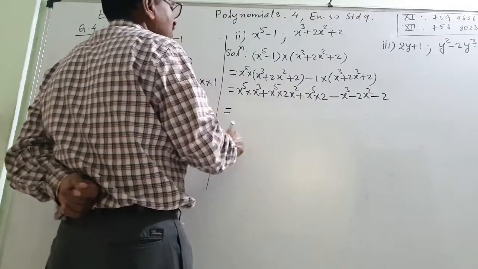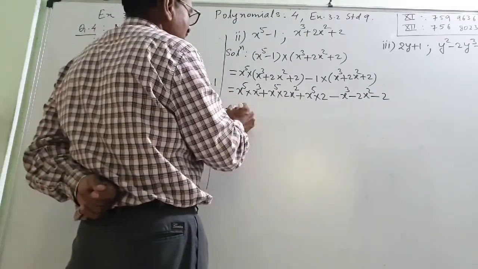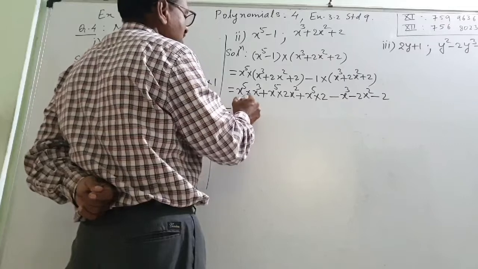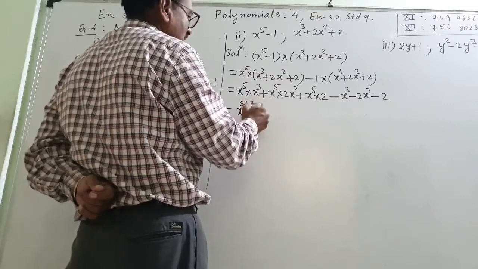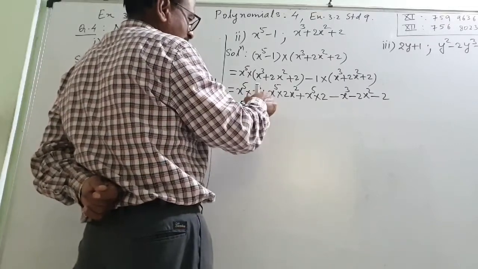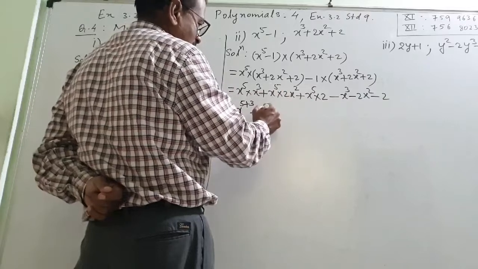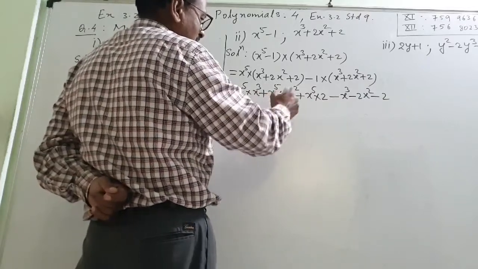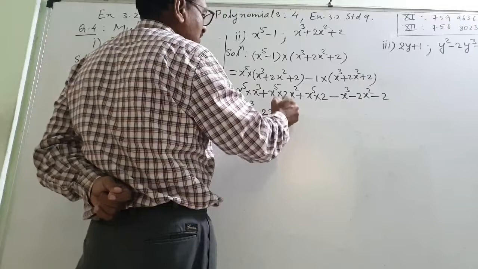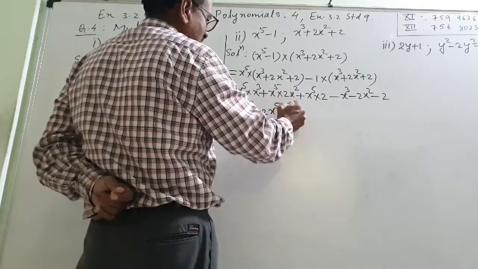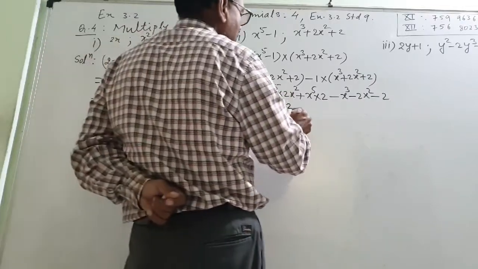That is equal to. This is the multiplication. Multiplication means addition of the indices. X raised to 5 plus 3, plus. Here it is 1, here it is 2, 2 ones are 2. Now of this x raised to 5, multiplication means addition of the indices, plus.